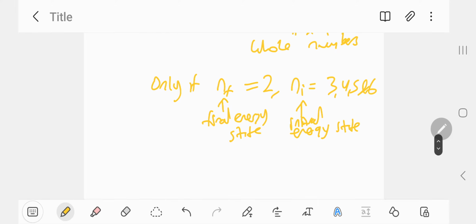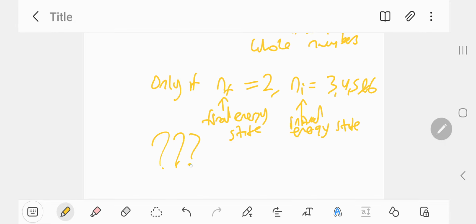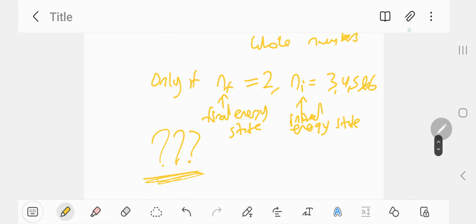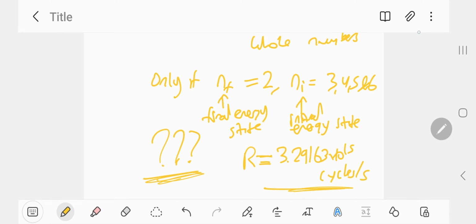He came up with this formula, but he didn't know the underlying fundamental physical explanation of why it worked. That was still the mystery. The Rydberg constant is about 3.29163 times 10 to the 15 cycles per second. That's the unit for it. A very large number.